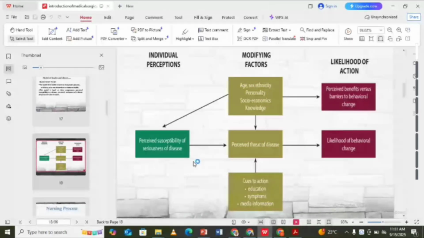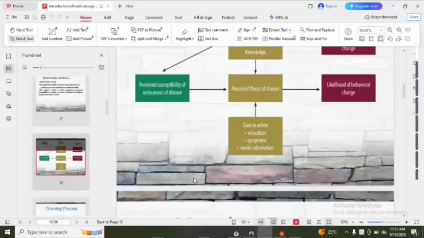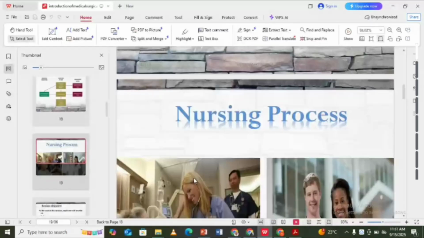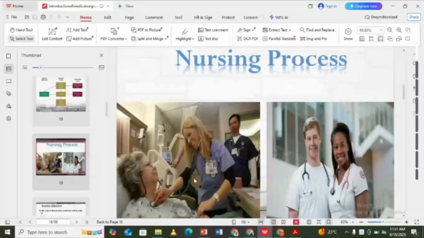That's in terms of the actions to mitigate the susceptibility to a given disease. That is the health belief model. All those models just try to explain what health is and what disease is.